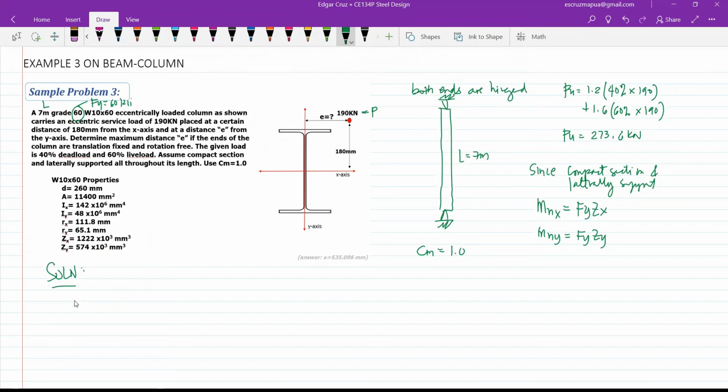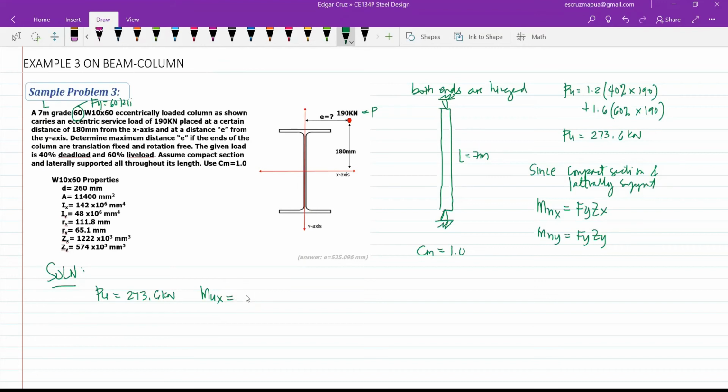Okay. So the Pu would be equal to, as calculated, 273.6 kilonewtons. How about what would be the maximum moment Mux, or the maximum moment about the x-axis?